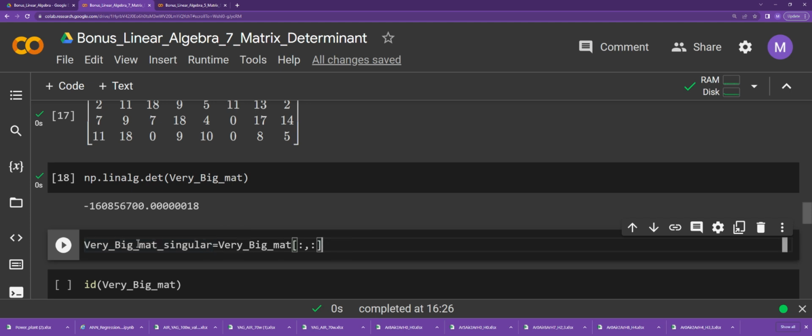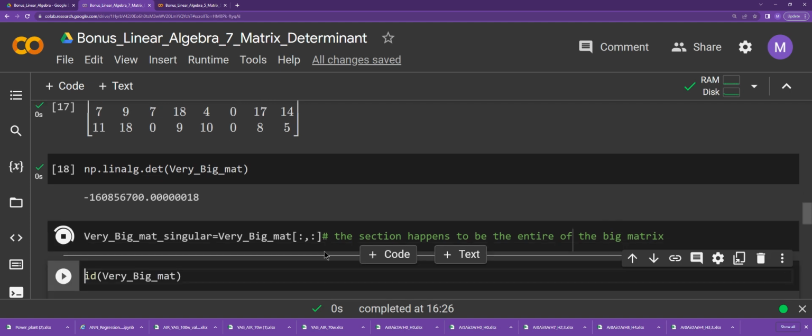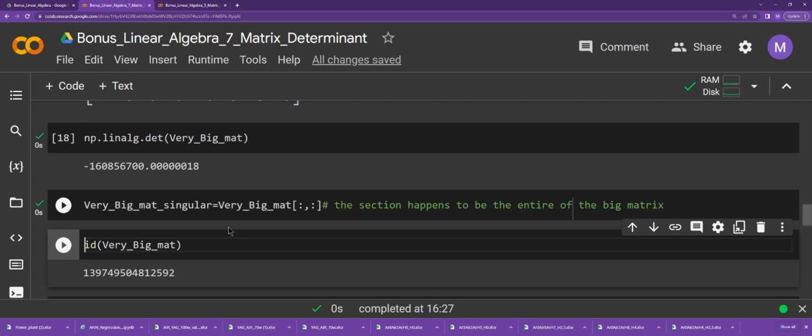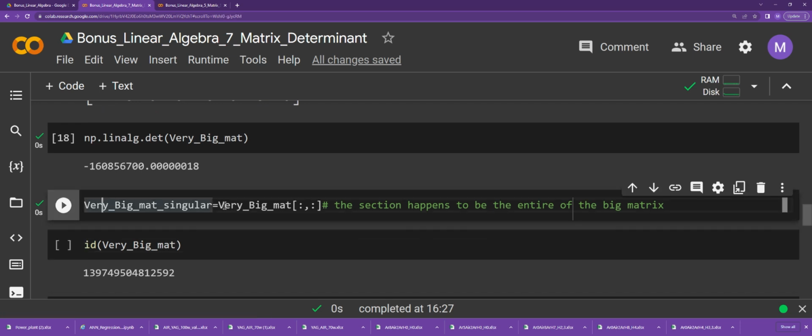I'm just making this new matrix equal to a section of this big matrix, but the section happens to be the entire big matrix. Why am I doing that, guys? Yeah. Just to be sure that this is not a copy of that.